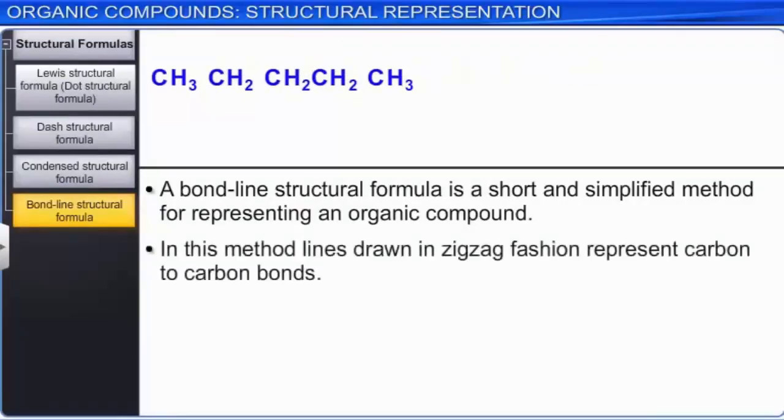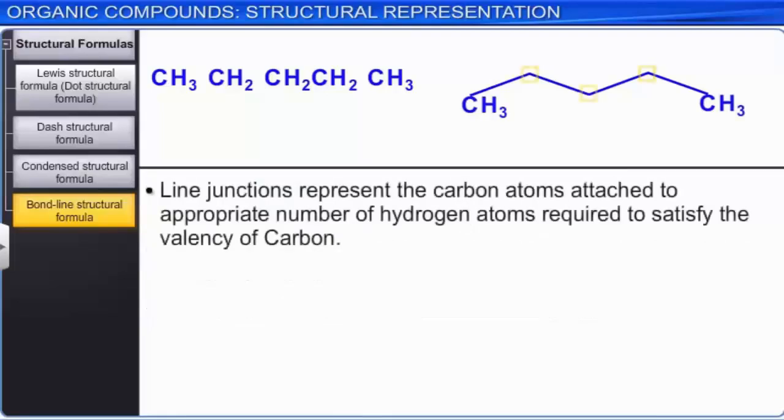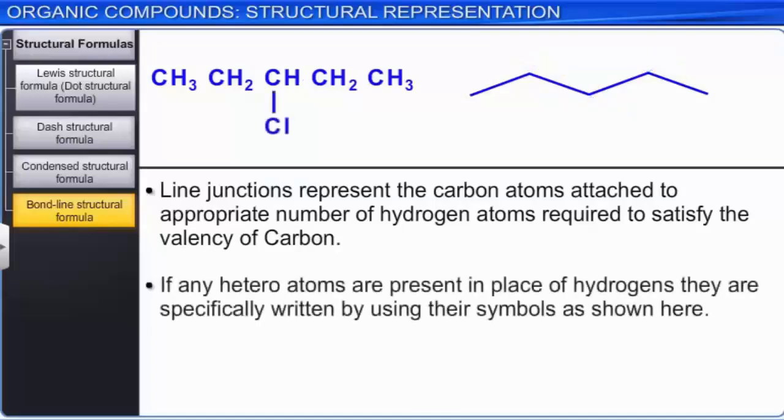In this method, lines drawn in zigzag fashion represent carbon-to-carbon bonds, and line terminals generally represent methyl groups if they don't have a functional group, whereas the line junctions represent the carbon atoms attached to the appropriate number of hydrogen atoms required to satisfy the valency of carbon. If any heteroatoms are present in place of hydrogens, they are specifically written by using their symbols as shown here.